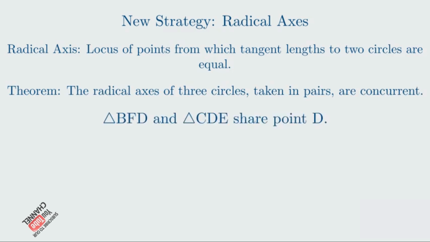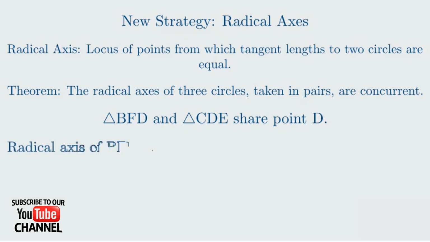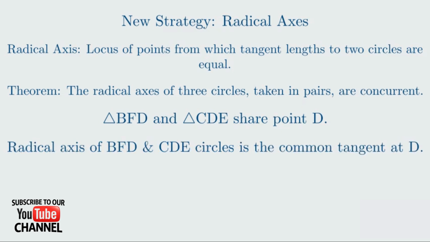We can see from our diagram that the circumcircles of BFD and CDE intersect at D. Therefore, the radical axis of the BFD and CDE circles is the line connecting their intersection points. If they only intersect at D, their radical axis is the common tangent at D. So, their radical axis is the tangent line to both circles at D. This line is perpendicular to the line connecting the centers of the 2 circles.